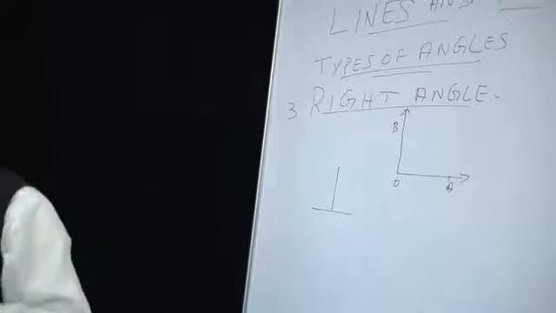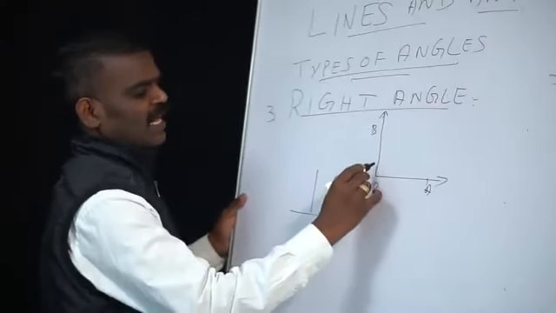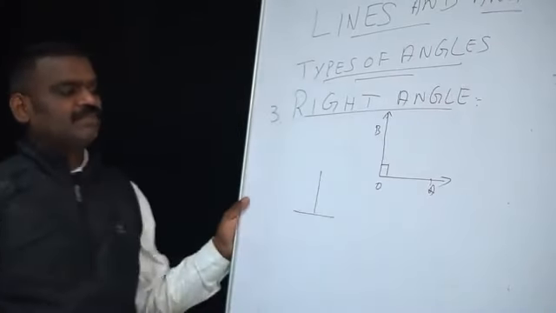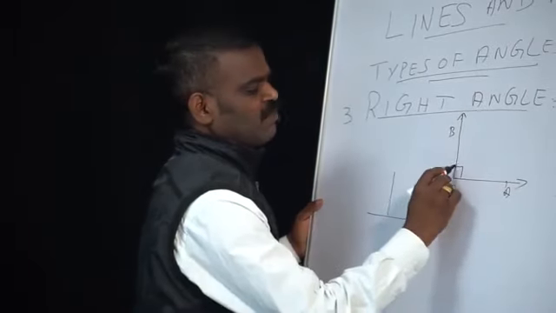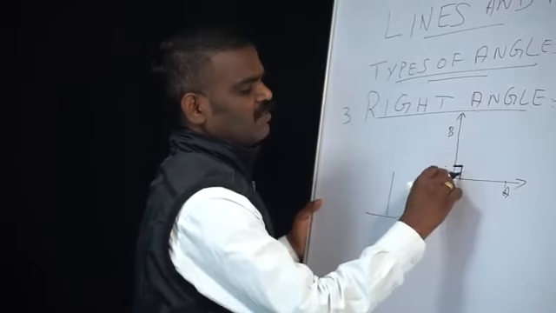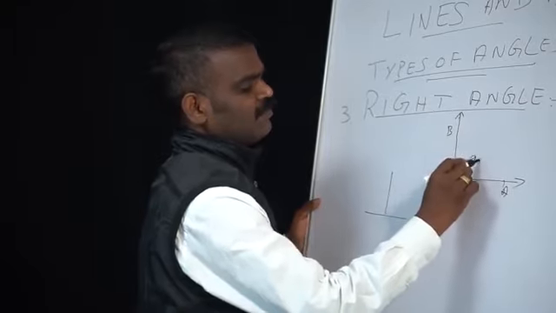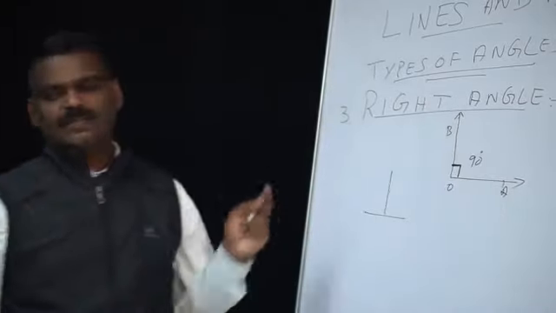Perpendicular means exactly how many degree? 90 degree. When two rays AO and BO come together at 90 degree, that is called what angle? Right angle. This symbol is called right angle, means 90 degree, right? Two rays come together.